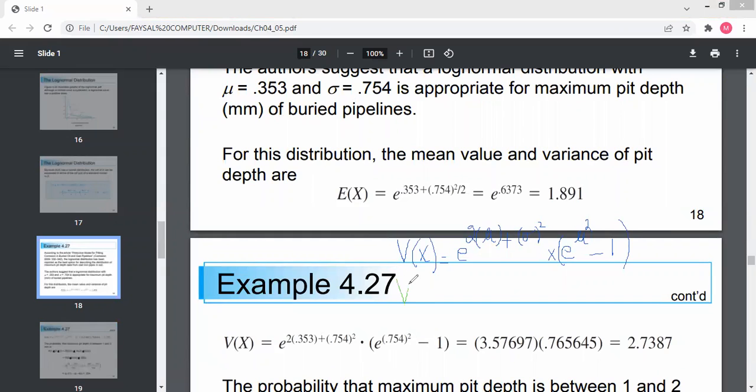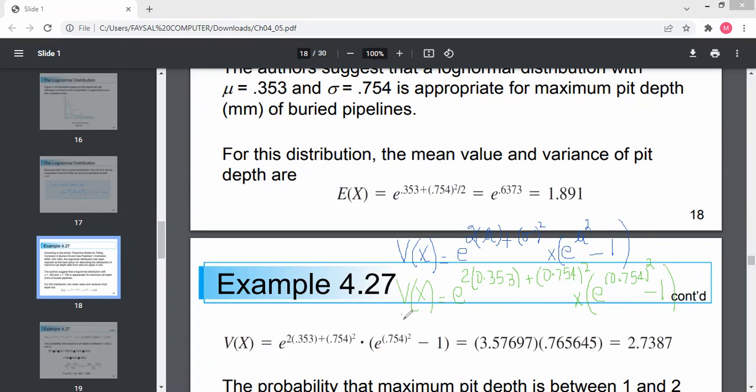So V of X will be equal to e power (2 into mu, where mu is 0.353, plus sigma squared, where sigma value is 0.754), multiplied by (e power sigma squared minus 1).